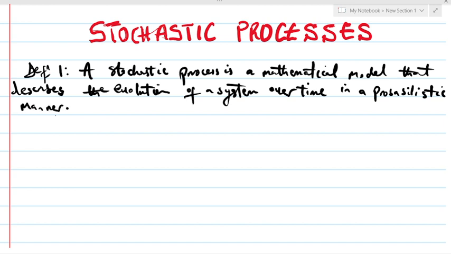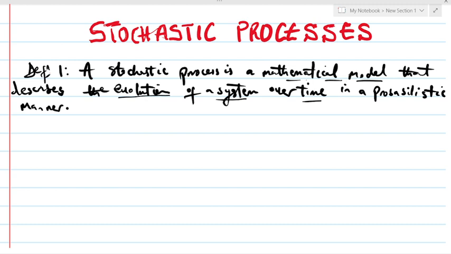So what's the meaning of this definition? That means that we want to employ a mathematical model to describe how a system changes over time. How a system changes over time. So that is a stochastic process.